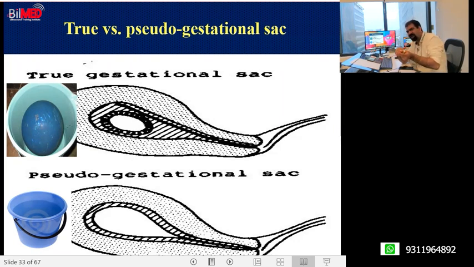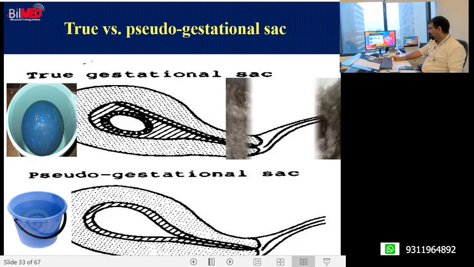It will be in the center. That is what we discussed. Not in center or in center. So if it is not in center, that is a green signal for me. But if it is in center, it is a red signal for me. It may be a case of ectopic.